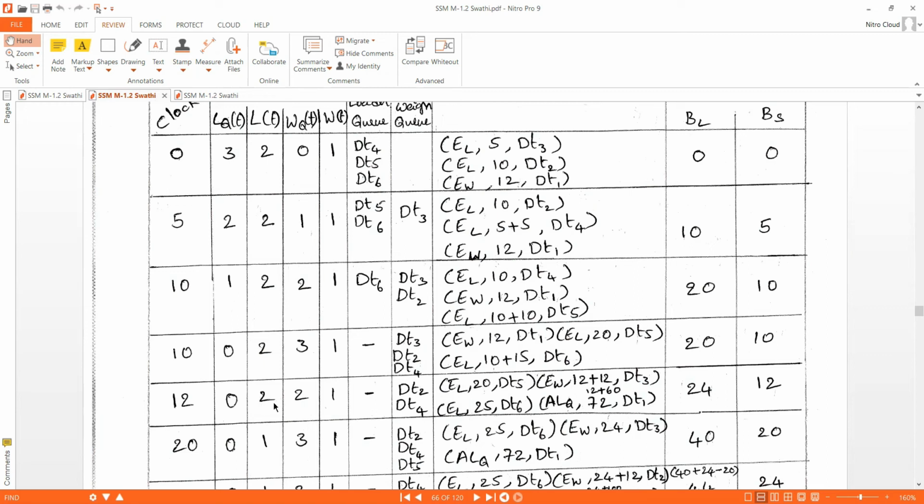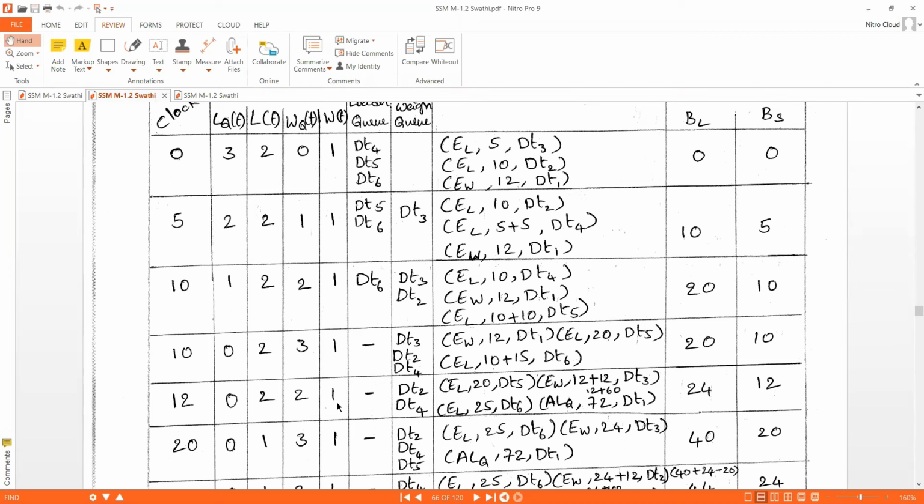DT5 and DT6 are busy loading, so L of t will also be 2. And the weighing scale becomes free at simulation clock time 12, because the scale completes the weighing of DT1.